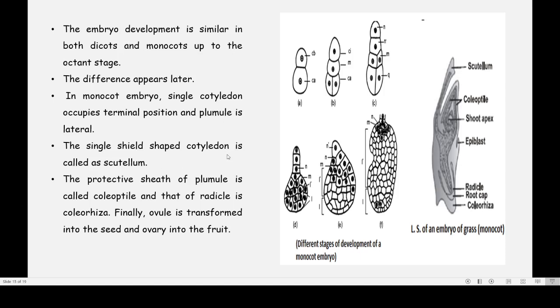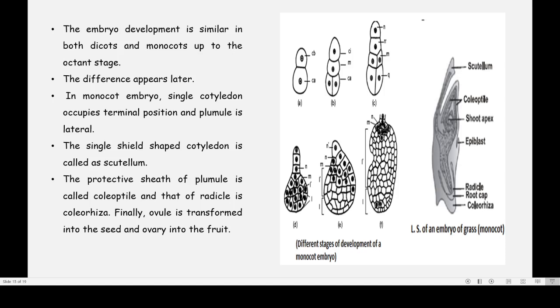Later, differentiation starts after the globular stage, that means the 8-cell octant stage. After that, differentiation starts from the dicot. So here only one cotyledon is present at the terminal position. Here you can see this is the cotyledon. Single cotyledon is present in monocot.